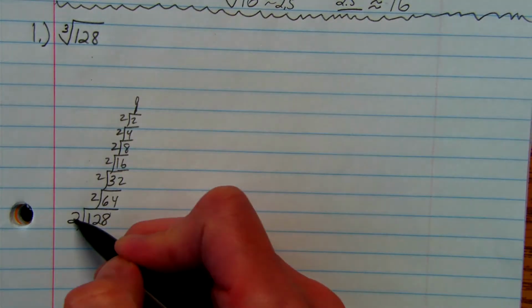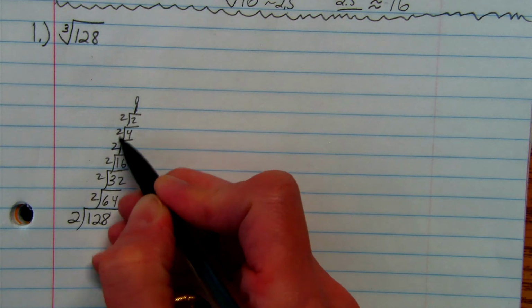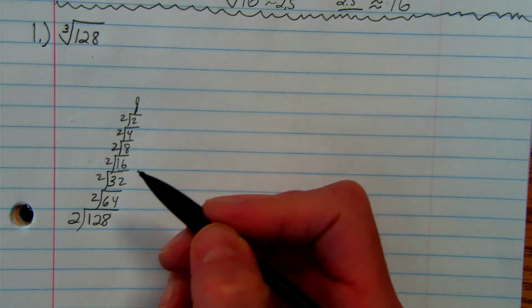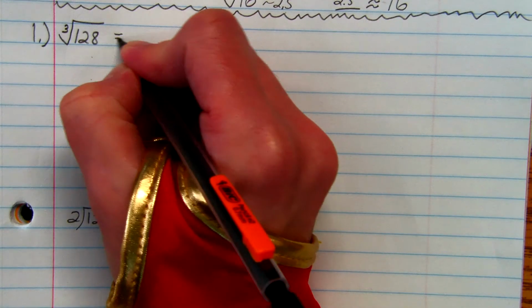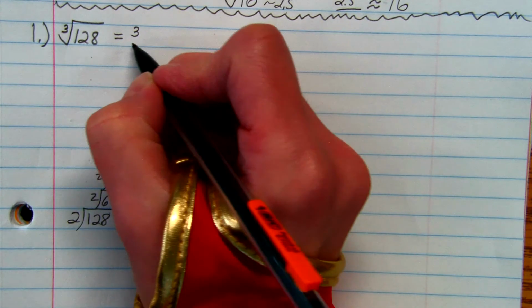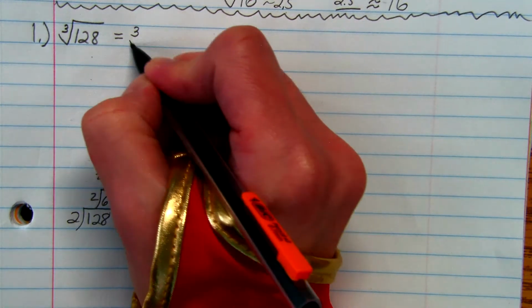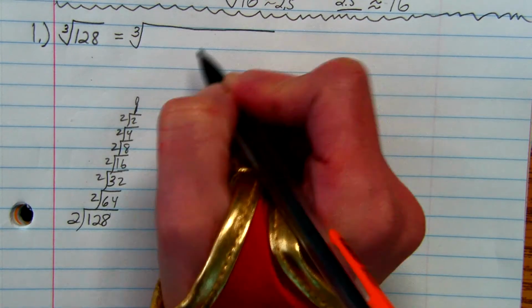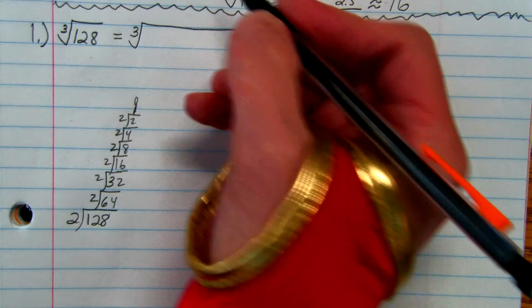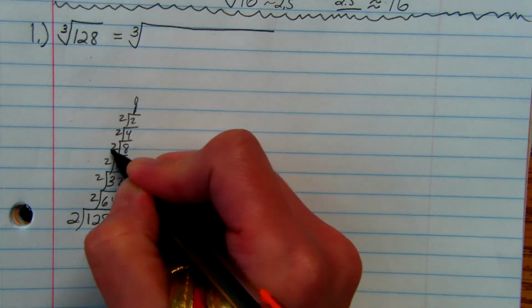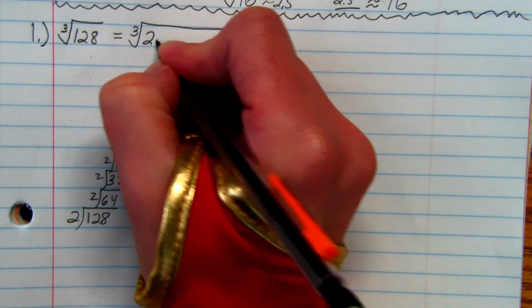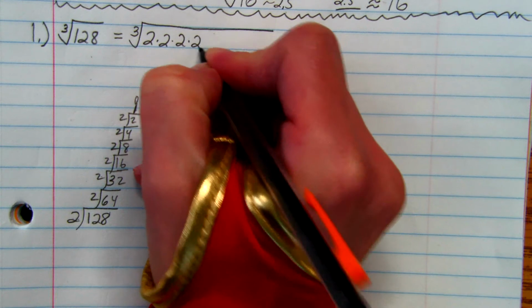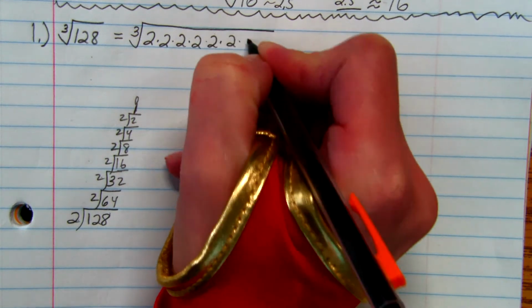So we divided by 2, 1, 2, 3, 4, 5, 6, 7 times. So I'm going to start off by writing out that expanded form for that factorization under a great big radical. So there are 1, 2, 3, 4, 5, 6, 7 2's.